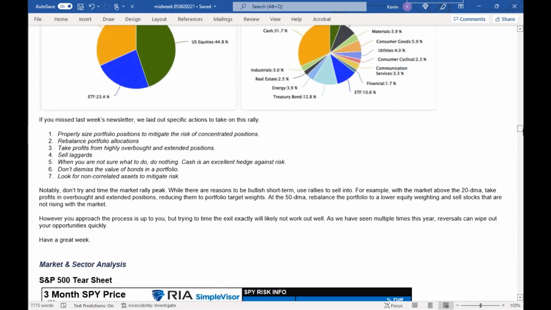But here are their actions to take on this rally. Properly sized portfolio positions to mitigate the risk of concentrated positions. So what they're saying is, if we're over concentrated in a position, like treasury bonds, right? Or like cash, you should reposition. Rebalance portfolio allocations.